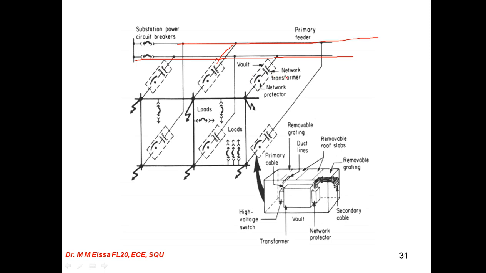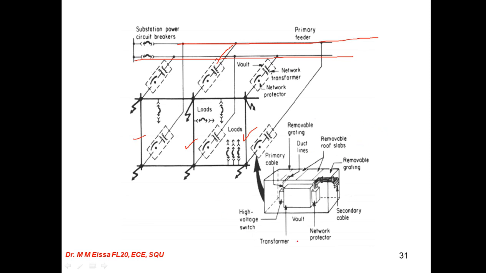As we mentioned, we have the protection, the network protector, here. Here are the loads, and this is underground. There are many network transformers, and we can put these network transformers here. We have different loads and the connections of the network transformers.